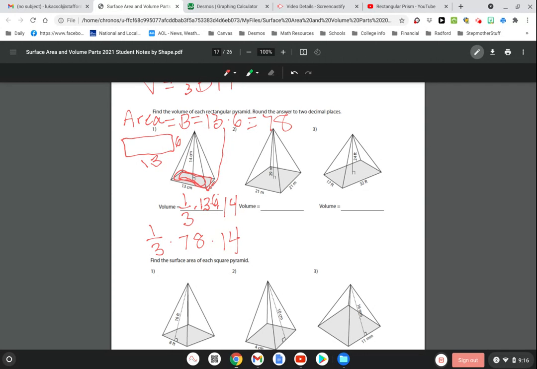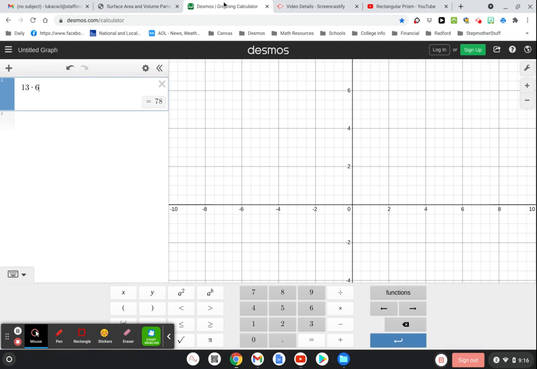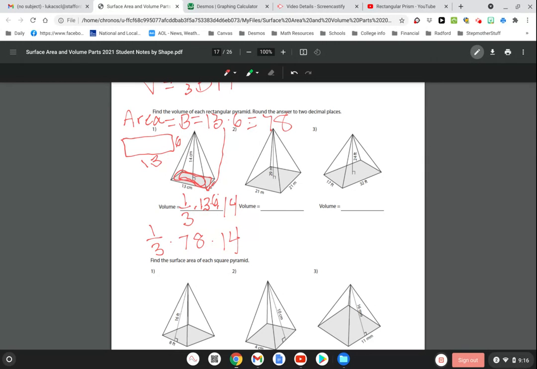And then we can go back into Desmos and type all of that in. 1/3 times 78 times 14 is 364, and that's my volume. And because that is volume, it's going to be cubed.